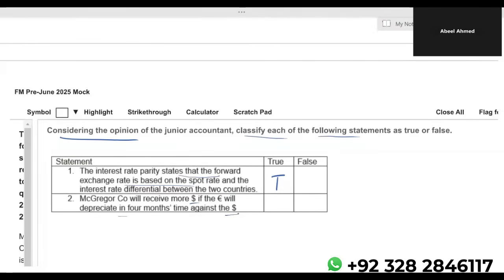Repeat: if there is an export, receipts are coming in foreign exchange, and your local currency is getting depreciated, then you are going to have an exchange gain. And if your local currency is getting stronger, then in case of export, you will have an exchange loss.